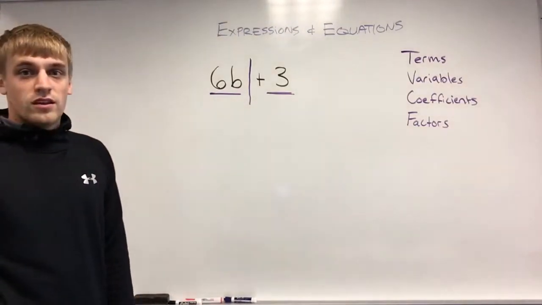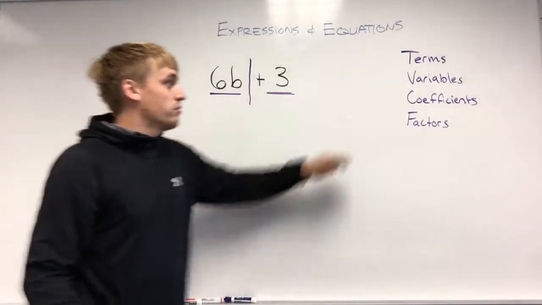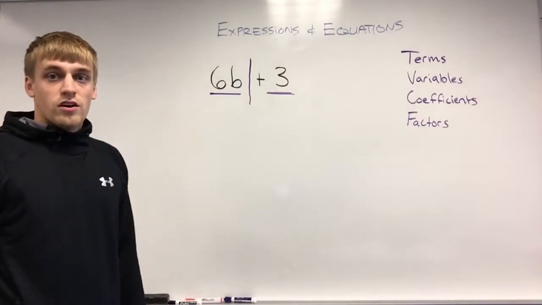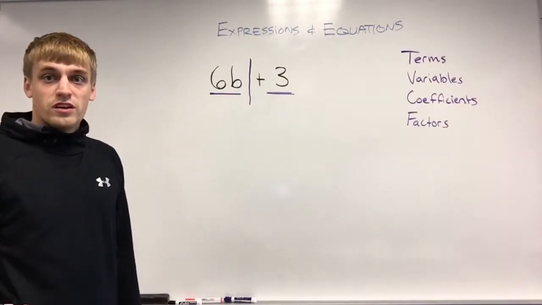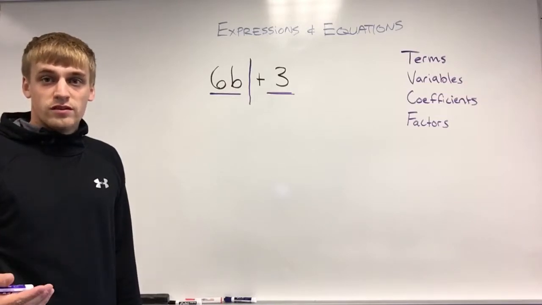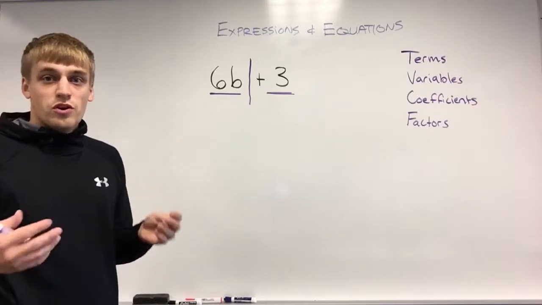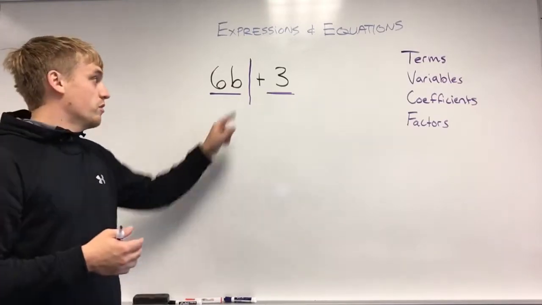Okay? And within these terms, we use things like variables. Variables are letters or symbols that represent a number that we don't know yet. Okay, it could be any number, but since we don't know the number, we represent it with a letter.